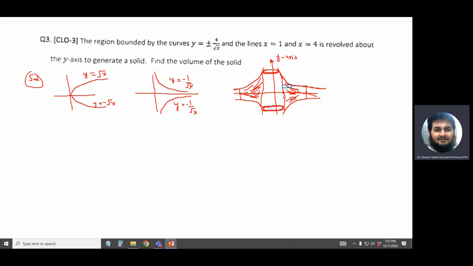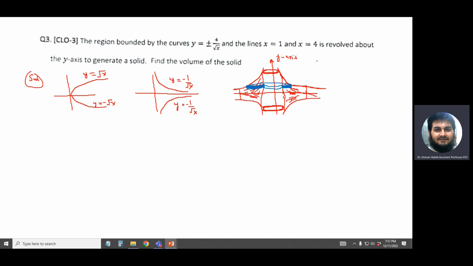A washer is solid like this, which is hollow from the inside, like a donut. And then we will have something like this. I'm sorry about the asymmetry on both sides, but you will have some idea that it looks like a washer. So it is going around like this, and it is a washer hollow from the inside.